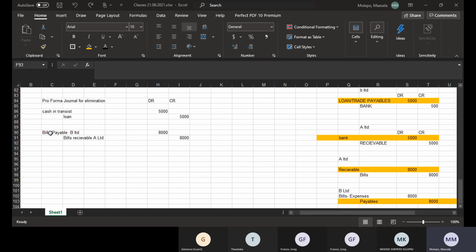So in this case, since it's unrealized, it will be deducted. So let me write here, it will be deducted. And then if it's realized, it will be added. The same here, it will be deducted.